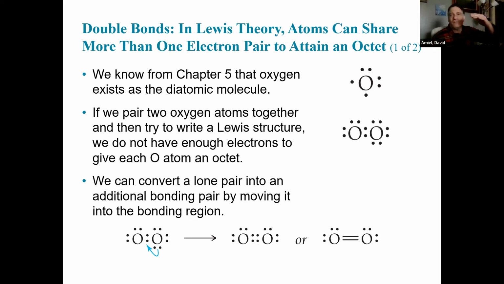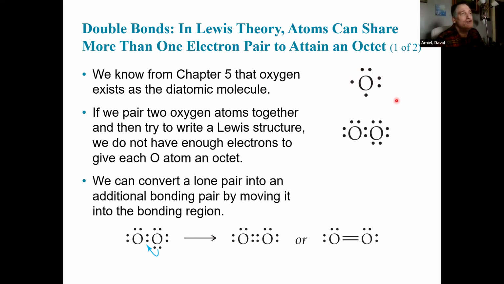Okay, now we're getting up a level of complexity here. Let's look at oxygen. We know oxygen is O2, another covalent compound. Here is the dot structure of oxygen.